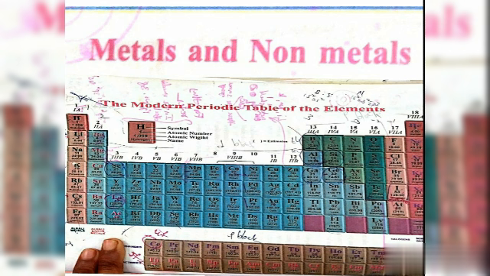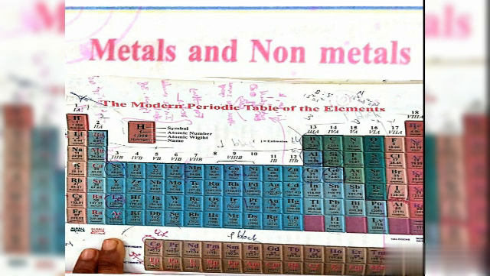This actinium is also in the third B group once you observe the periodic table. So lanthanides and actinides actually belong to the third group, within the transition elements. That's why they are called inner transition elements.